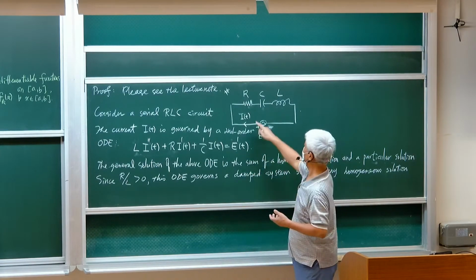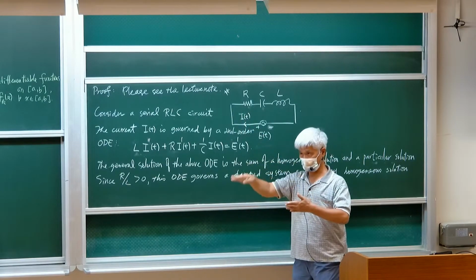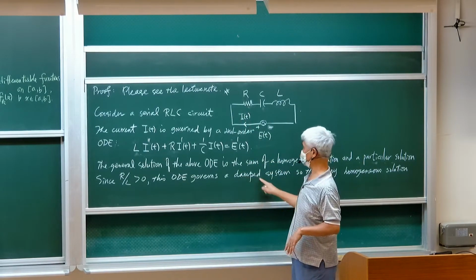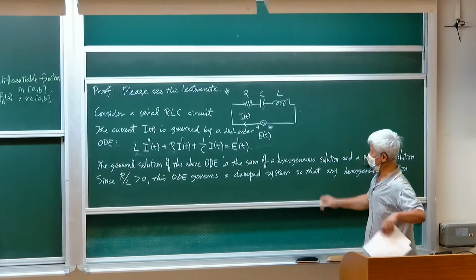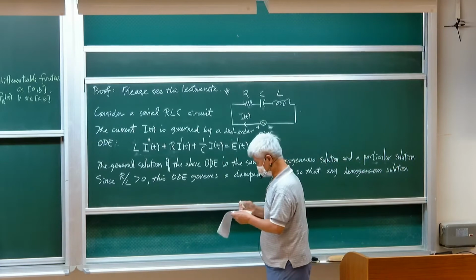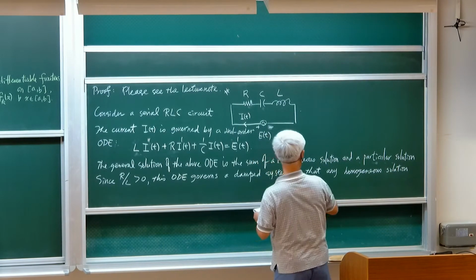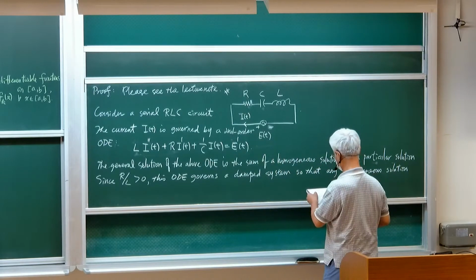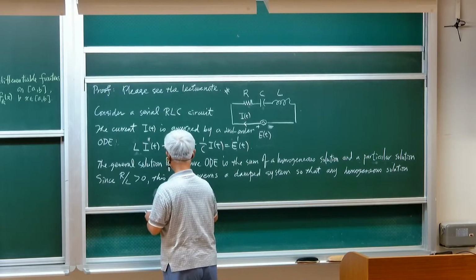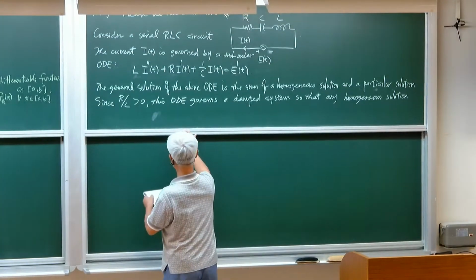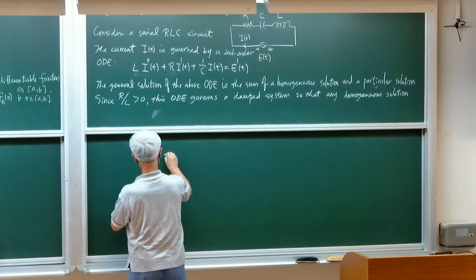So the current will eventually go to 0. It's called a damped system because it would damp to 0. You get the idea from circuit theory. Let me recall the homogeneous solutions.